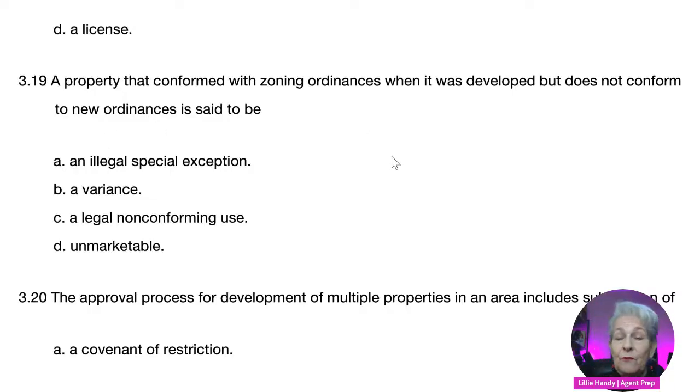So let's say it went from residential to commercial or commercial to residential. The existing owner gets to keep it, unless it burns down. Then it has to abide by the new zoning codes, new ordinances. So number 19, the answer is C, a legal non-conforming use.